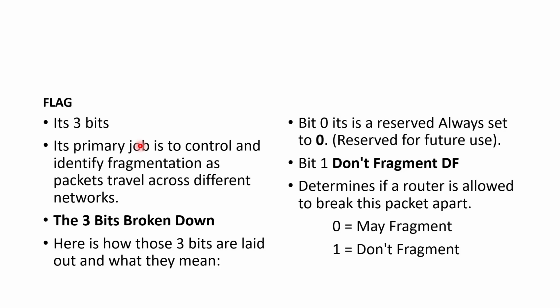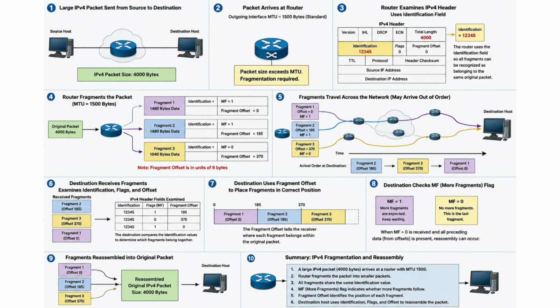So I said, for example, you have a router, and your router is using a standard MTU size, which is 1500 bytes. Now, your router has received a packet which contains 4000 bytes. 4000 bytes has exceeded the standard MTU, which is 1500 bytes.